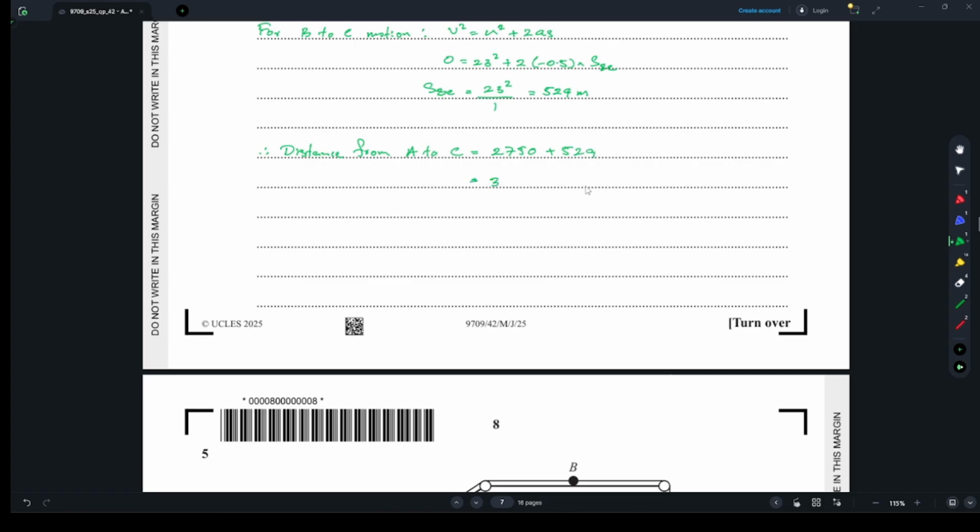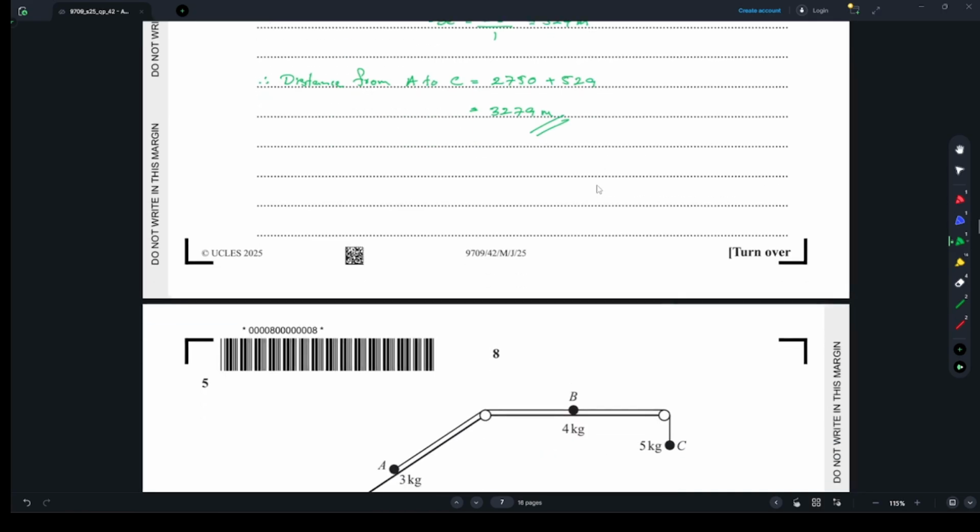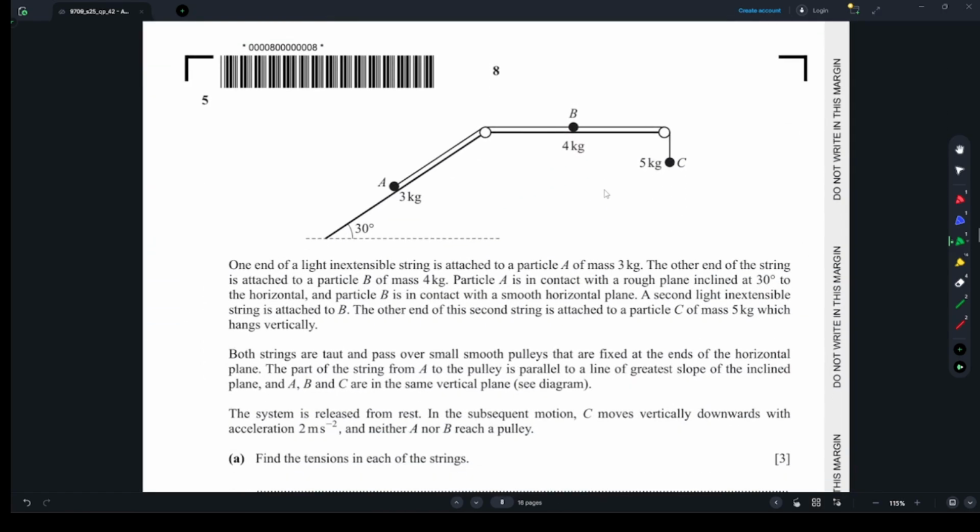So the total is 3279 meters. Okay, so that question is done. Now we can move to question number 5.